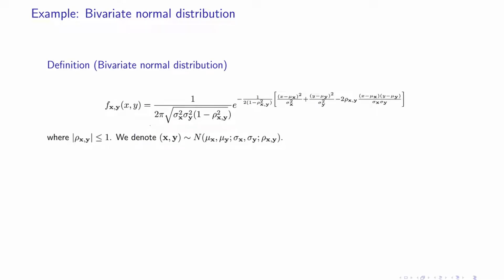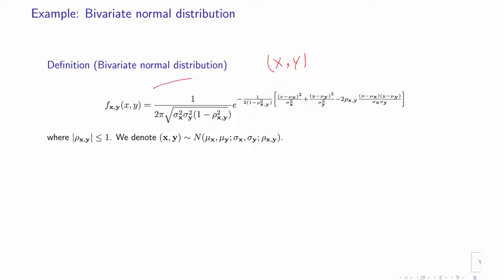We'll have several definitions, and each time the definition will become a bit better. This definition is coming from nowhere, but the future one is more rational. We call x and y a bivariate normal distribution if the joint PDF is given by this expression, which is a very long expression. We don't have any justification; we'll have it in future.